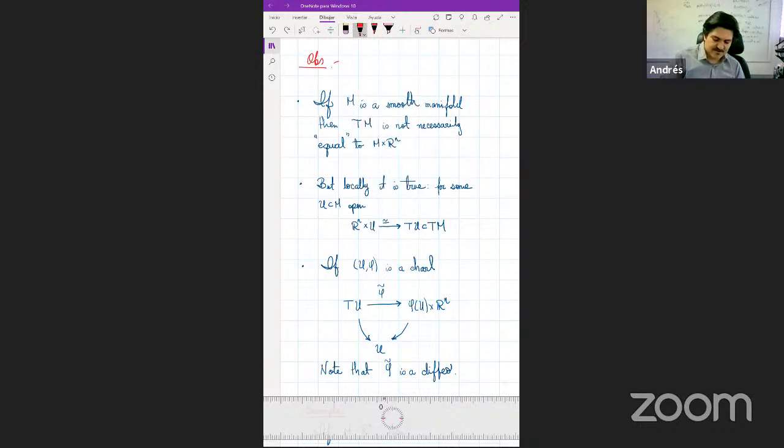Remember here, this was P comma V, and it was mapped to this, comma, A1, ..., AN. This is the projection, so this will go to P, and here again the projection of the first entry.